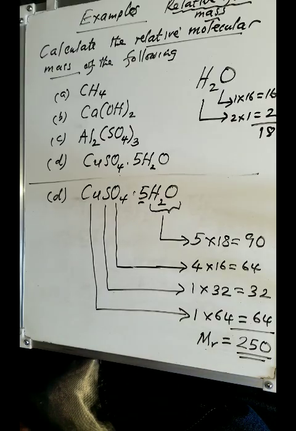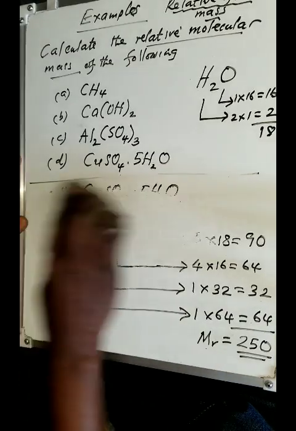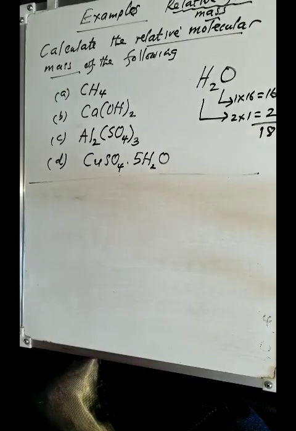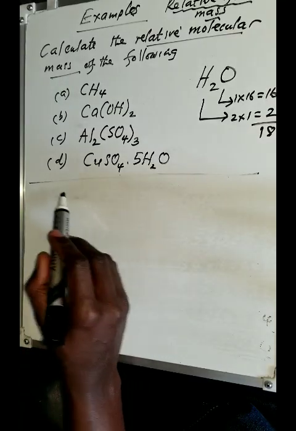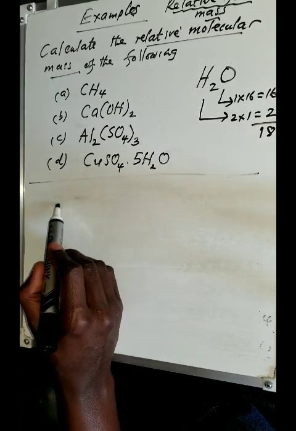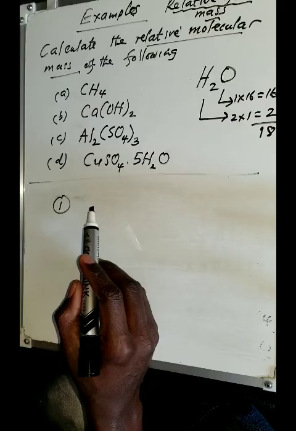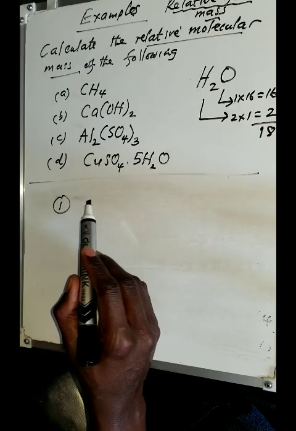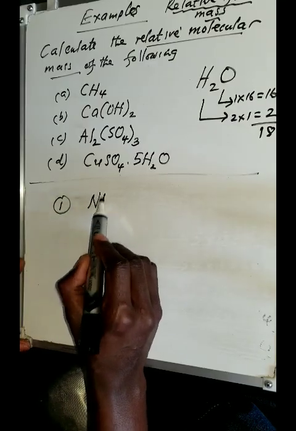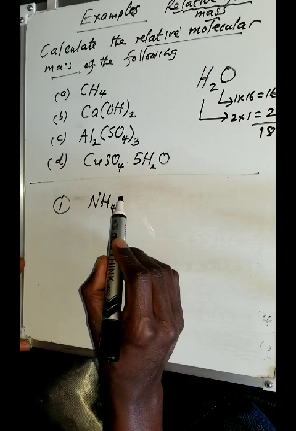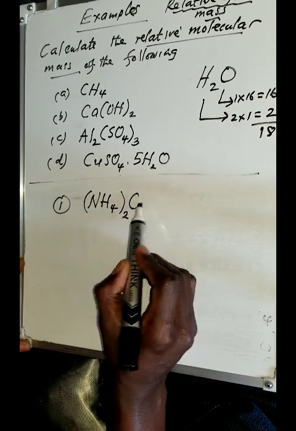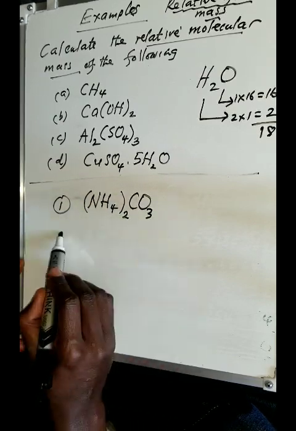You can actually look at a lot and practice, probably in your own spare time. You can find the relative formula mass of, maybe, ammonium carbonate. So you can do this one in your own free time, ammonium carbonate.